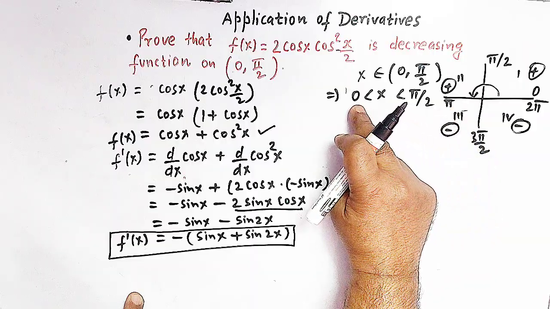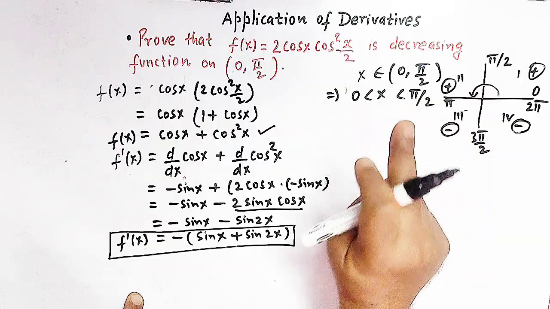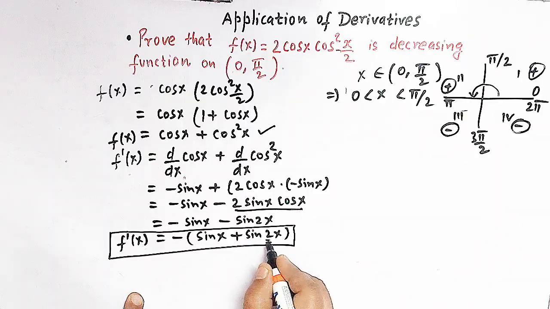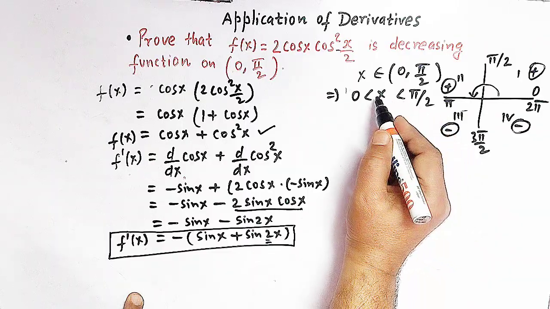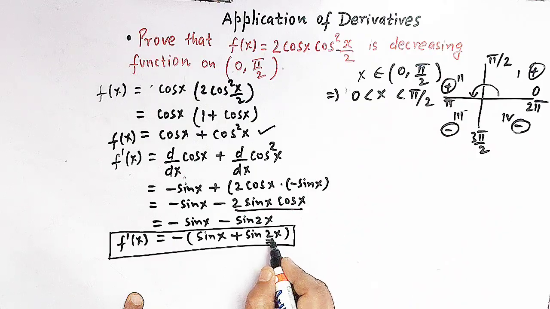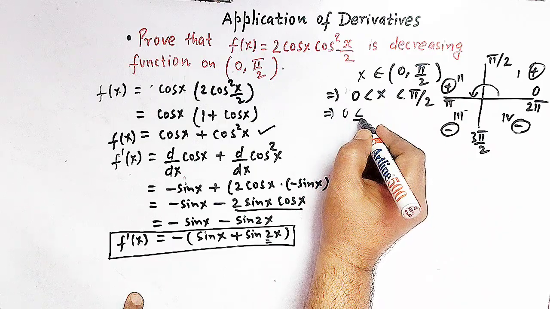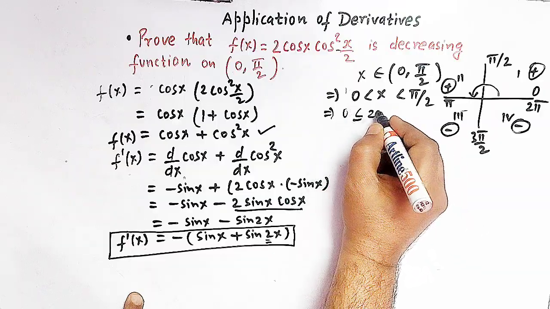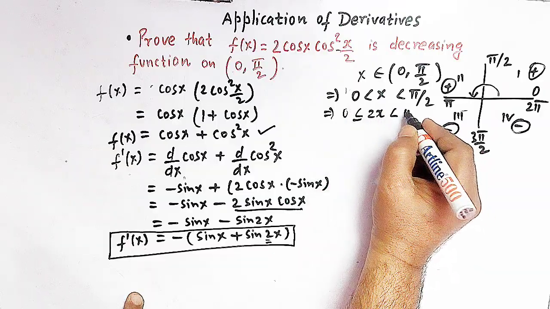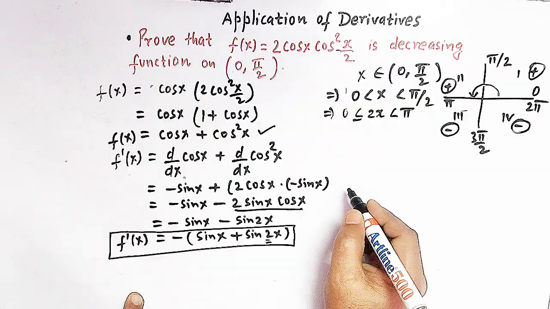So let us multiply this inequality throughout by 2, because here we have sine 2x. So we need to find out the interval for the angle 2x. So here we have 0, that is 2 times 0 is 0. Here we have 2x, and here we have pi, because 2 and 2 get cancelled.